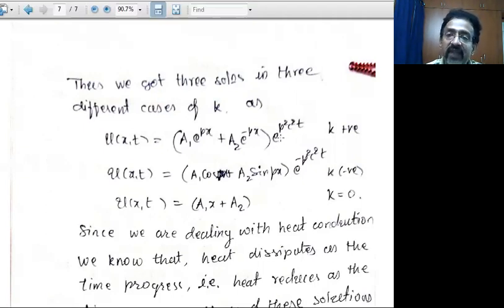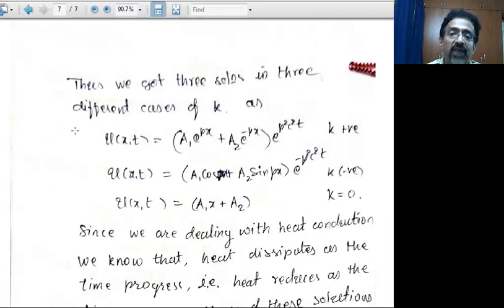That means u also increases, but in the heat case, as the time t increases, heat should decrease.